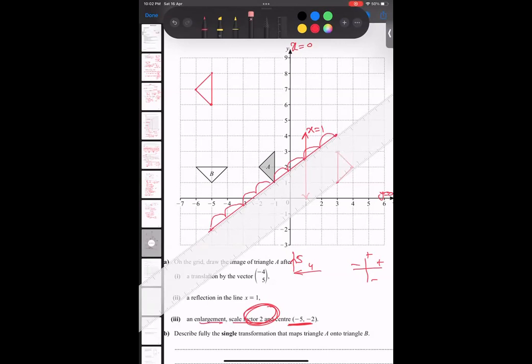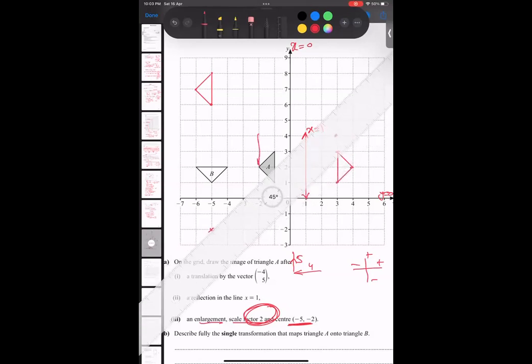I hope the point is very clear to you. So I got this point. Similarly, I will now focus on this point, joining the center with that point. Done. And now you calculate 2 times. How much is this distance? Count, please. 1 box, 2 boxes, 3, and 4 boxes.